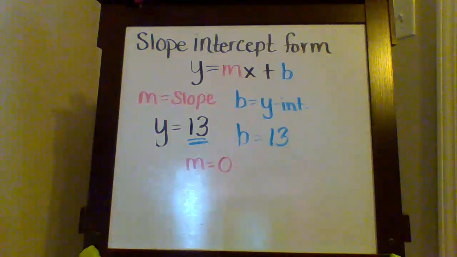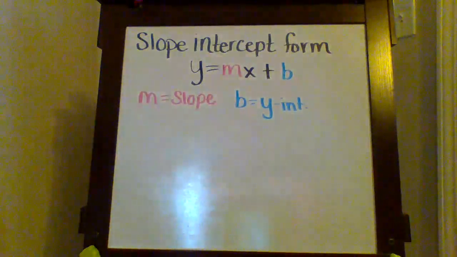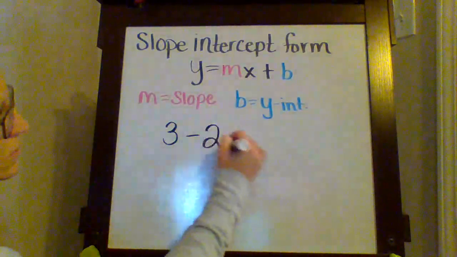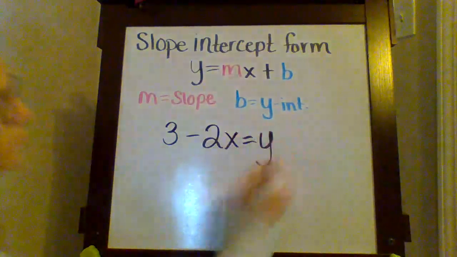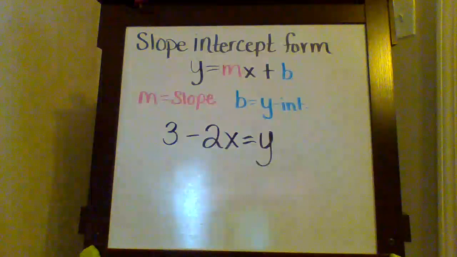And let's try what happens if I have an equation that looks something like this. We can still find the slope and the y-intercept from that as is, or I know there are a lot of kids who feel more comfortable if they can rewrite it into a form that they're used to seeing. So my y is all by itself, and that's what it needs to be.